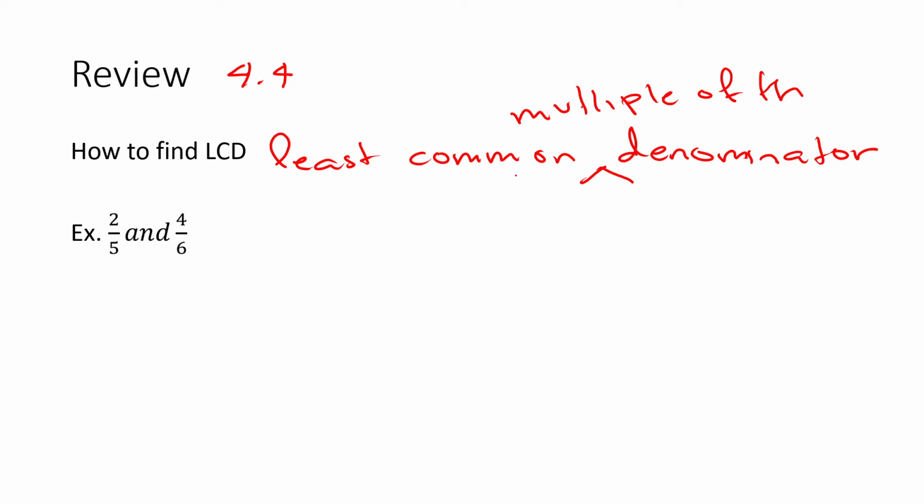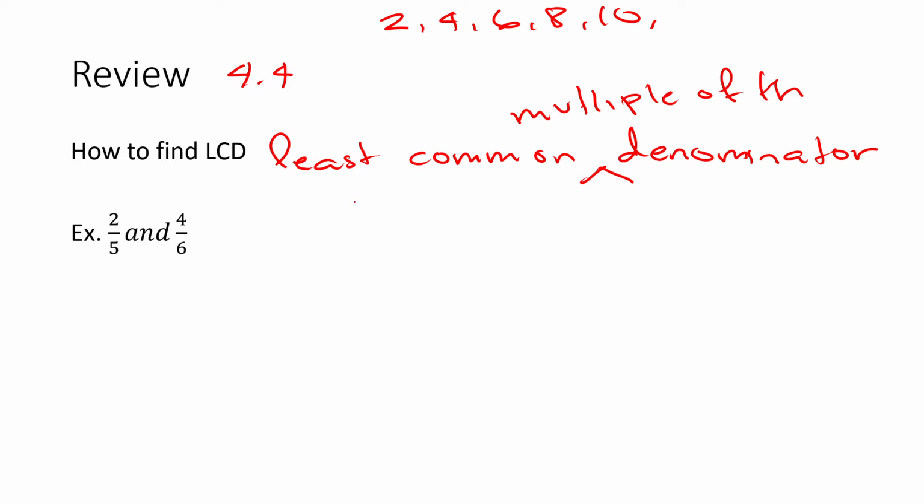Hopefully you know what LCM is by now. Again, multiples are just the multiplication table. 2, 4, 6, 8, 10, 12. Those are the multiples of 2. You can find the multiples of 3, 4, 5, 6, things like that, right?